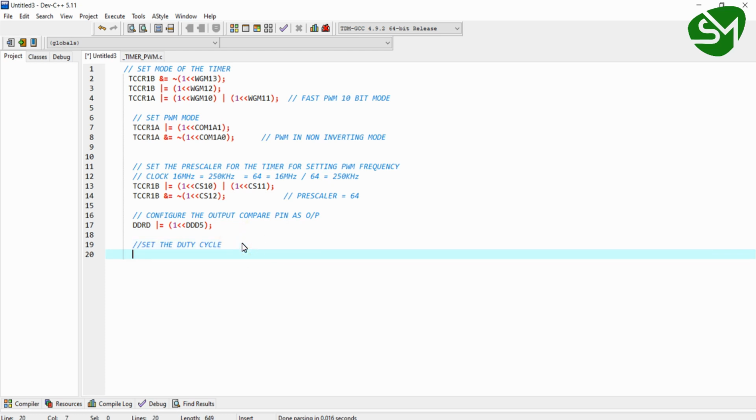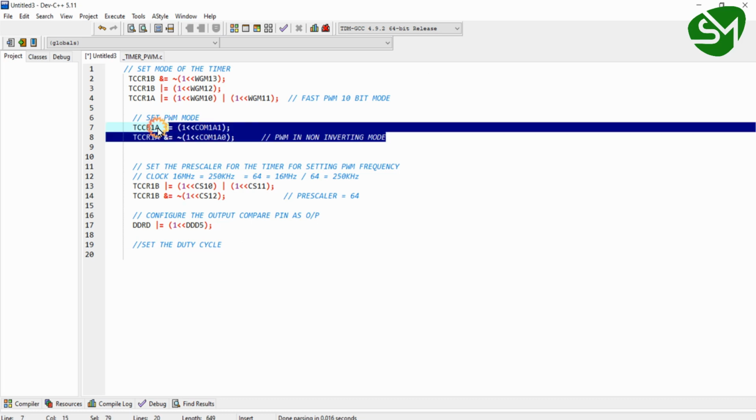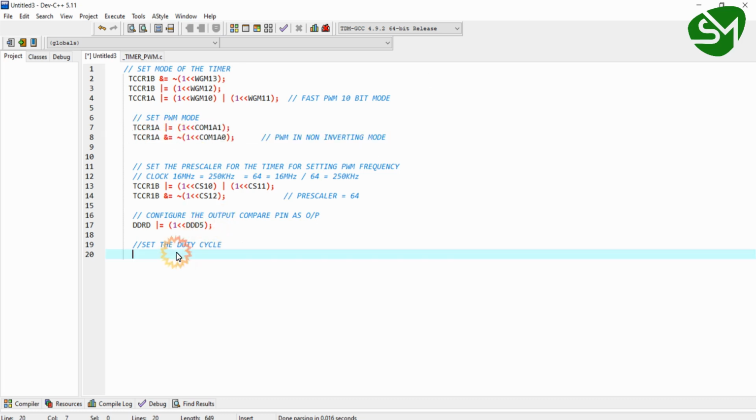Next, I want to set the duty cycle for the PWM wave. As I said, we are using the non-inverting mode, so whatever value I provide to the OCR1A register is the duty cycle. If I want 25% duty cycle, I can give 256. If I want 50%, I can give 512.